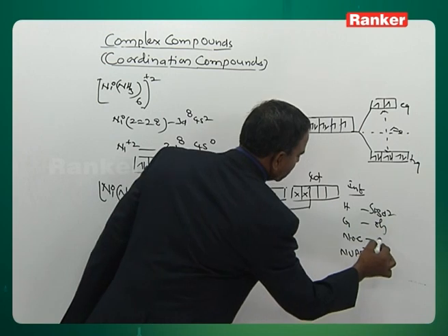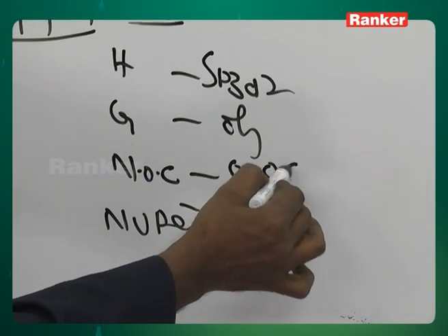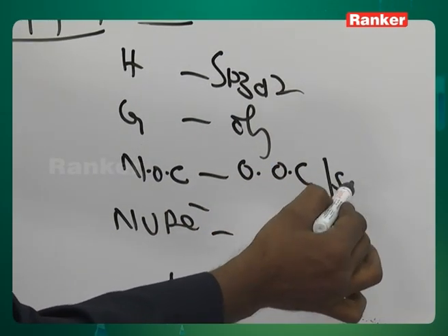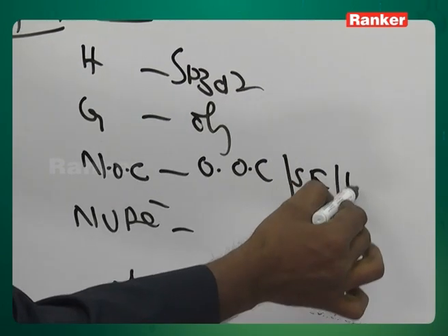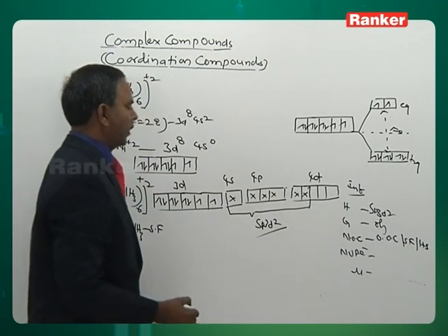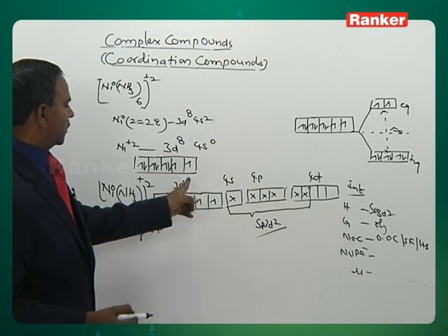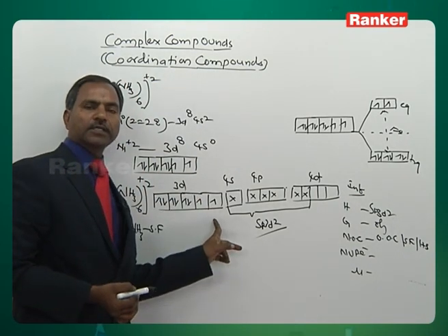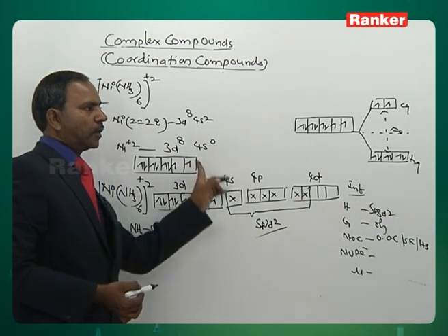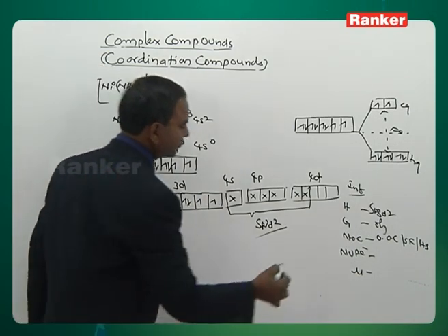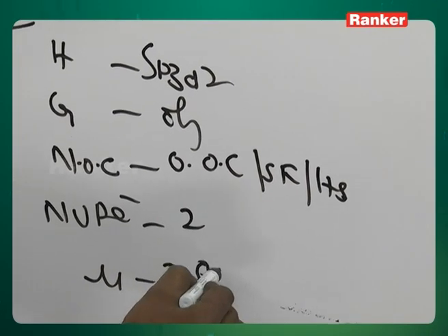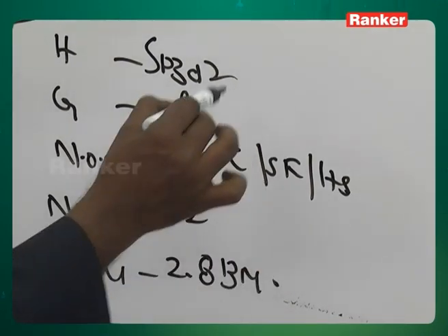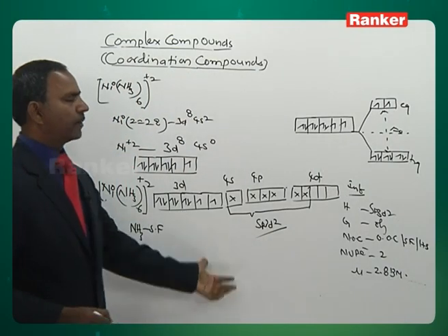And the nature of the complex: it is an outer orbital complex, spin free, high spin. Spin free, no pairing of electrons has taken place. The configuration or arrangement of electrons remains the same in the free metal ion and the complex. Number of unpaired electrons 2, magnetic moment 2.8 BM. This is the information about this particular complex.